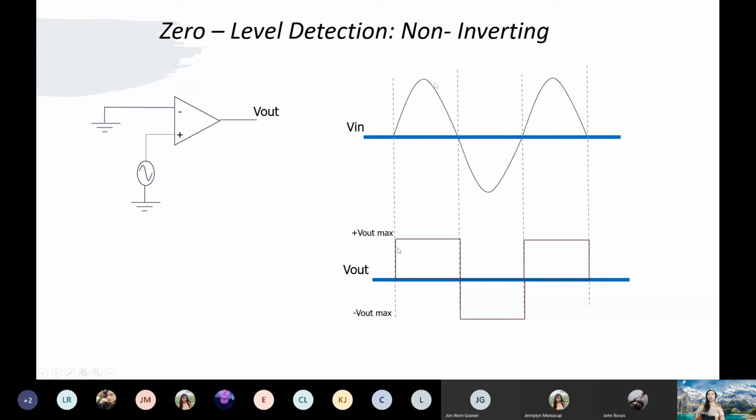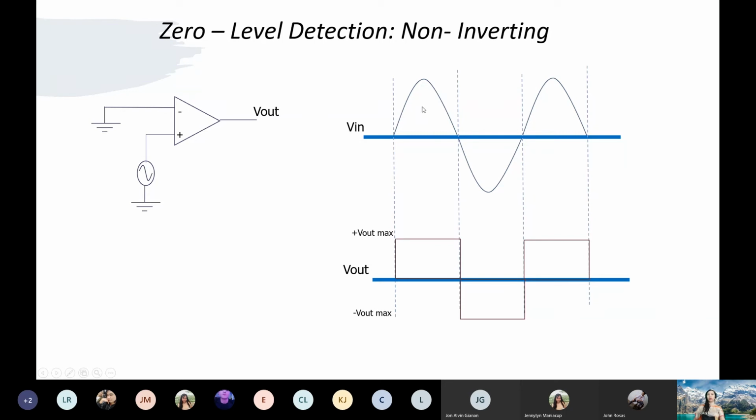Okay, so non-inverting, because if you have positive input, your output is also positive. But for the output, you only have two levels: negative V out max and positive V out max. So it's either a negative output voltage saturation or positive output voltage saturation, usually around equal to the supply.